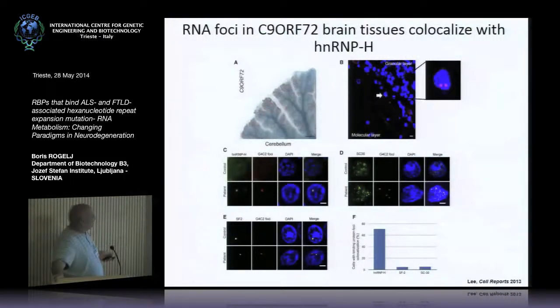Looking at the tissue in the cerebellum, we saw co-localization, so about 70% of the cells with foci had co-localization with hnRNP-H.